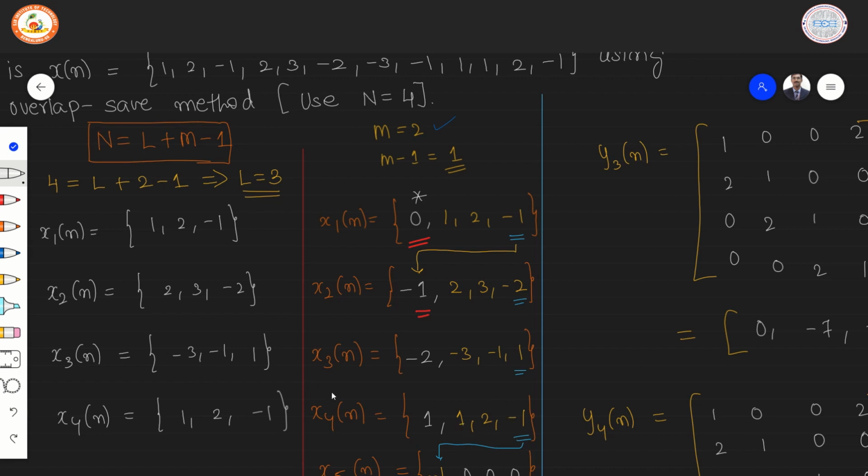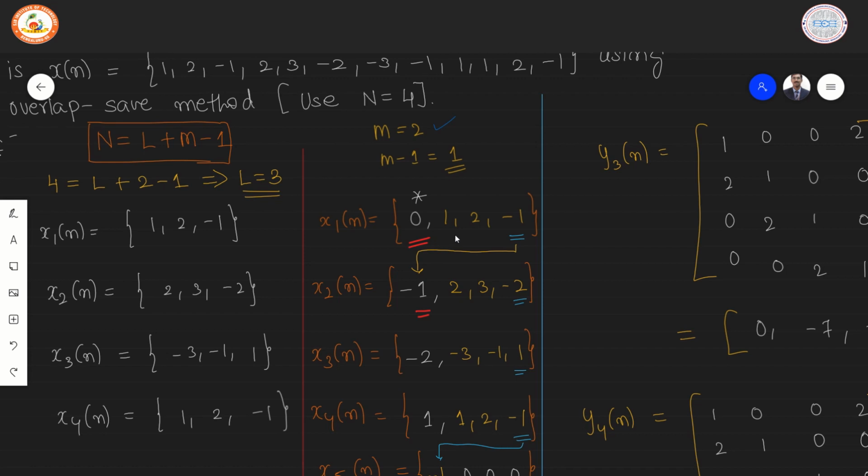Here we are going for the fifth block, primarily because if we create 4 blocks, we will get 4 outputs, and each output is going to be length 4. And in each block, we will discard the beginning m minus 1 points, or the first point will be discarded due to aliasing effect.